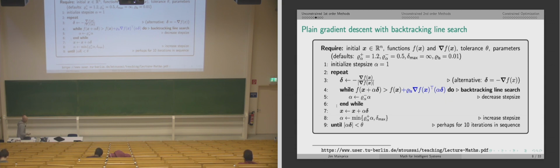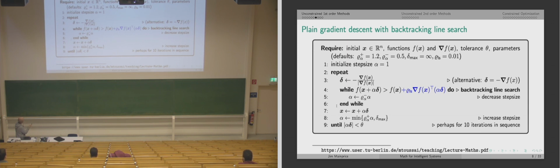Gradient descent with backtracking line search works by computing the normalized negative gradient and then performing the backtracking line search, which is this part here, checking the Wolfe condition, which is this, and decreasing the step size if the Wolfe condition is not met.